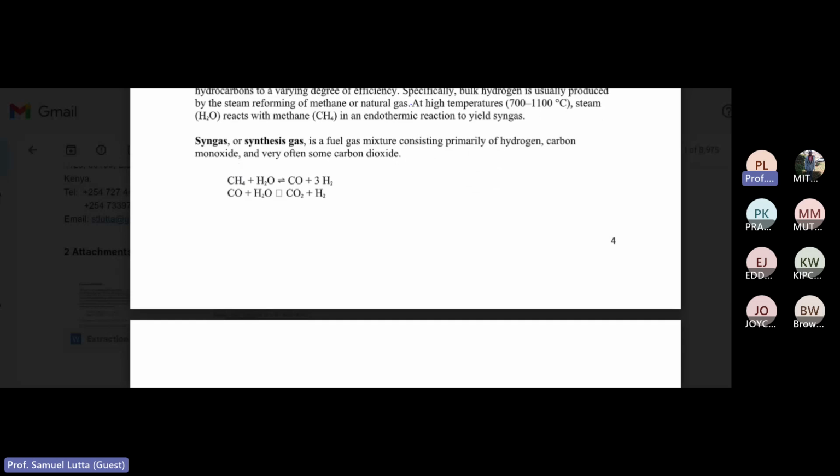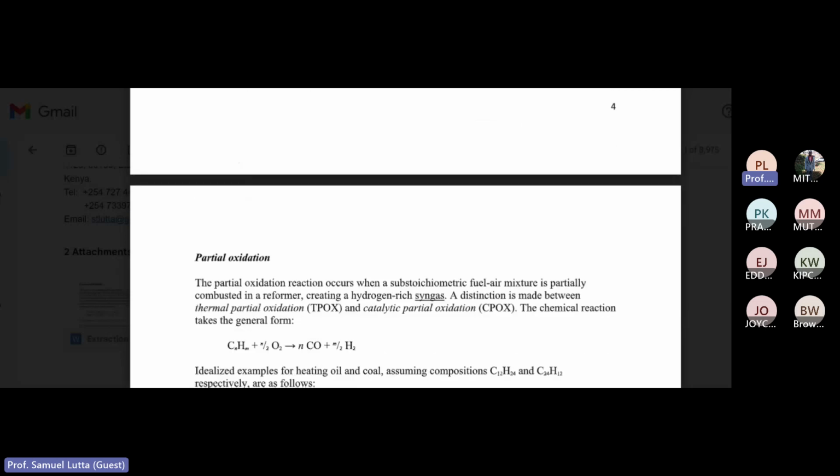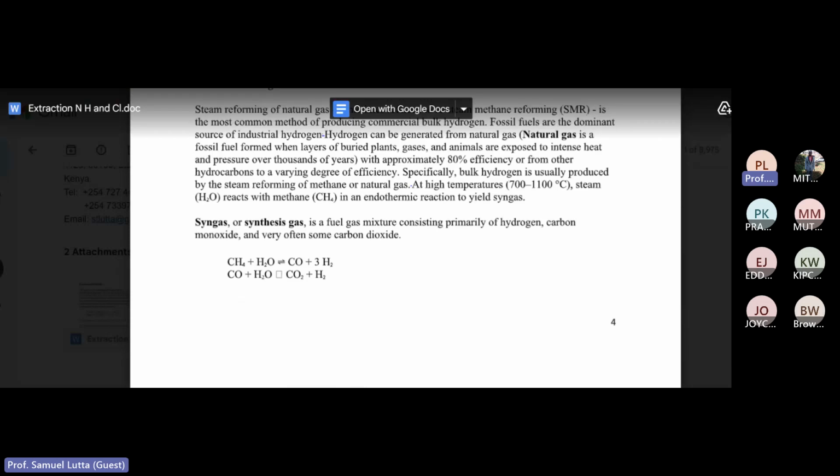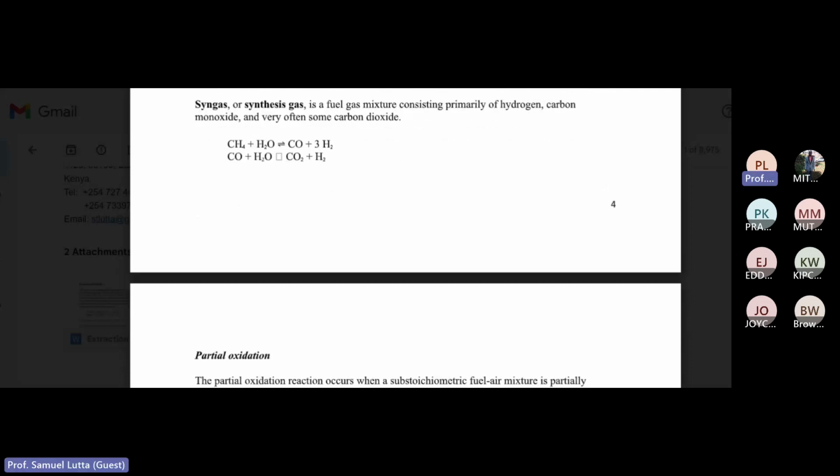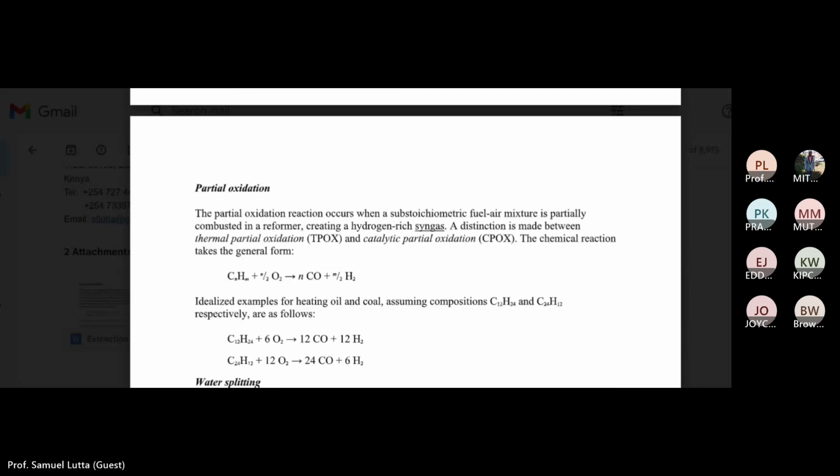So you can generate your gas. And then carbon monoxide can also combine with water to form more hydrogen gas. So this is one of the methods of forming hydrogen: react hydrocarbon with water at high temperature.